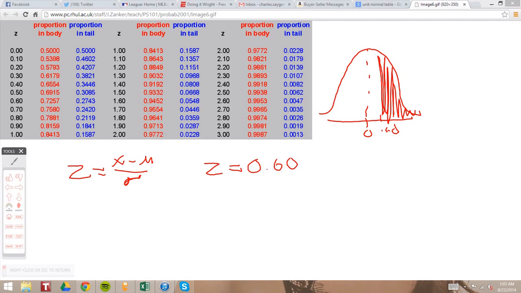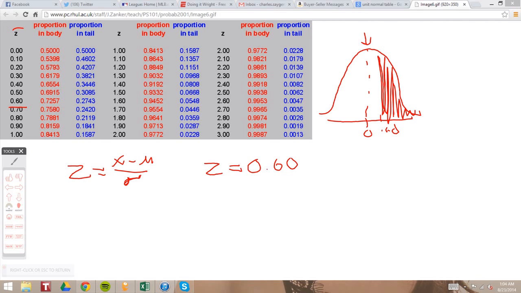Now when you come to the z-table, first you go down your z column. In this case, our z is 0.6. You might be wondering whether to use the proportion in body column or the proportion in tail column. Looking back at our normal curve, you decide based on whether the shaded area of your graph is more or less than 50% of the total graph. 50% is at the 0 standard deviation mark.